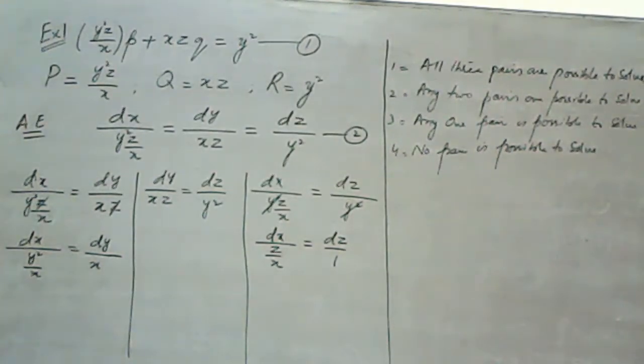Or we can say that if x and y are the only variables in the numerators, then we also need x and y in the denominator. In whichever position they are, it doesn't matter, but we do not need z for this pair. So once z is not there, it is possible to solve.